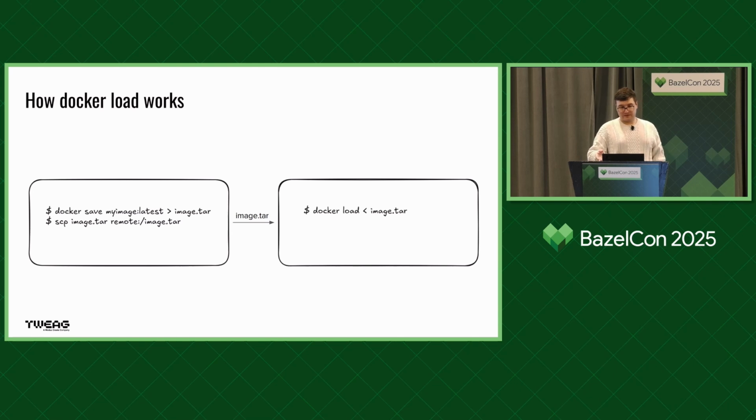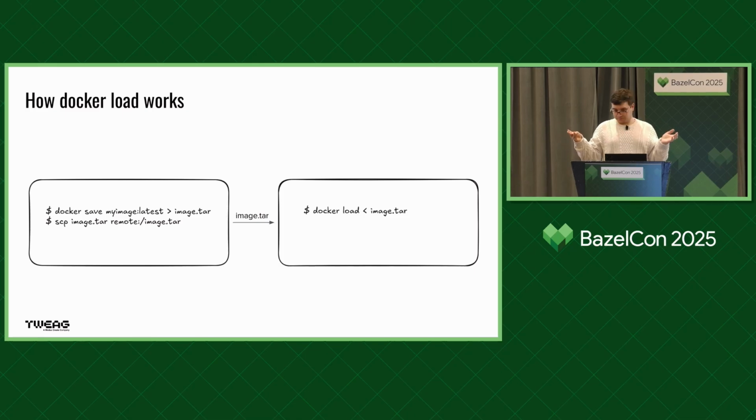And still, this is how we normally load things into Docker. It means that when we want to load an image from Bazel into Docker, we need to create this tar file just to then load the whole thing from start to end, and we cannot actually make use of incremental builds because we still need to have the full thing.